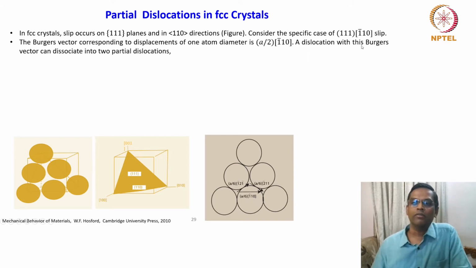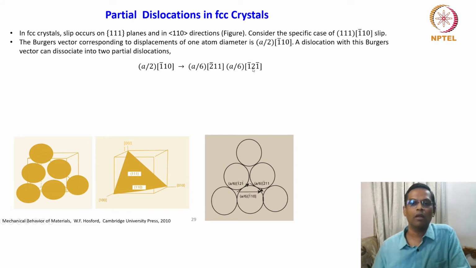A dislocation with this Burgers vector can dissociate into two partial dislocations. So a/2 [bar 1 1 0] can dissociate into a/6 [bar 2 1 1] plus a/6 [bar 1 bar 2 1]. So there should be a plus sign here. That is also a typo. Please let us correct it.